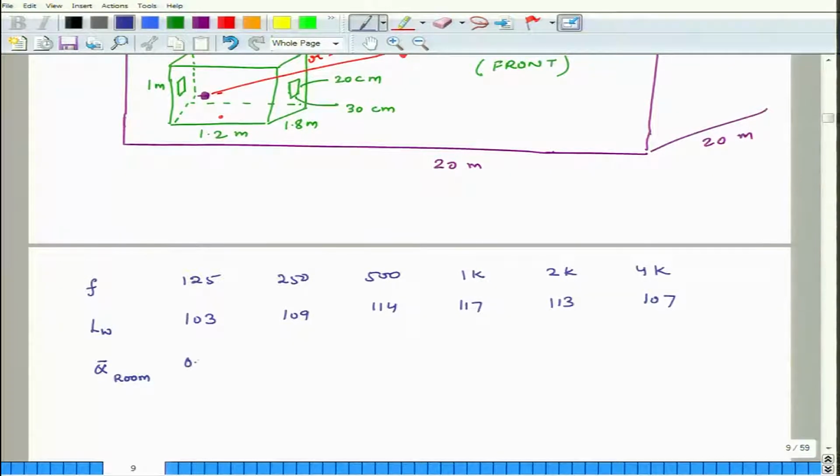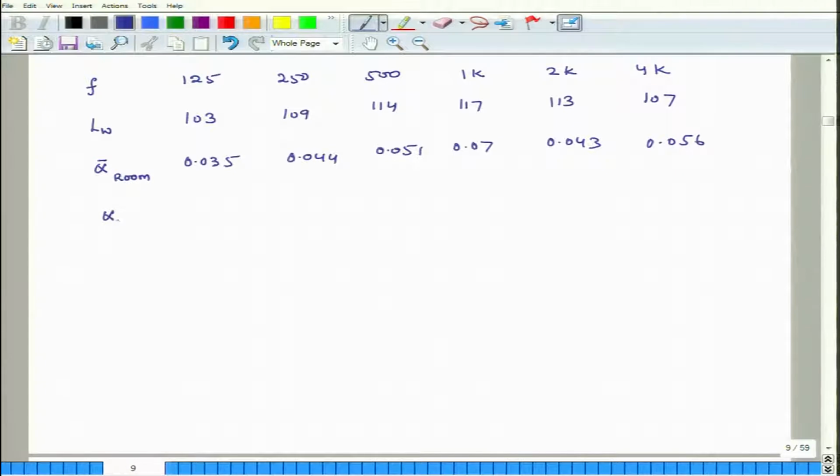So, this is 0.035, 0.044, 0.051, 0.07, 0.043 and 0.056.